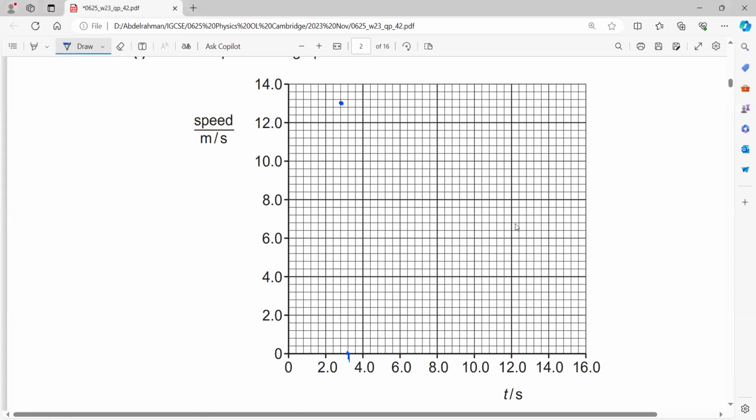Initially it started at 0 and 0, and this would be a straight line because it was a constant acceleration. You should draw it using your ruler. And then up to 12, it was traveling with a constant speed. Easy.